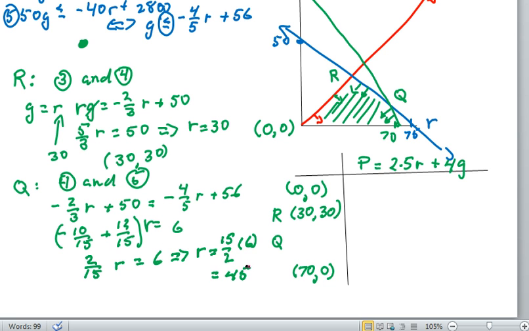I'm going to back substitute that into the equation G equals negative 4/5 r plus 56, and get the 5's to cancel. So negative 36 plus 56 is equal to 20. So 45, 20.